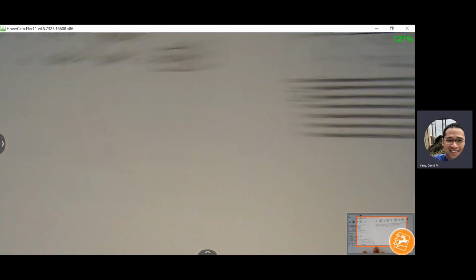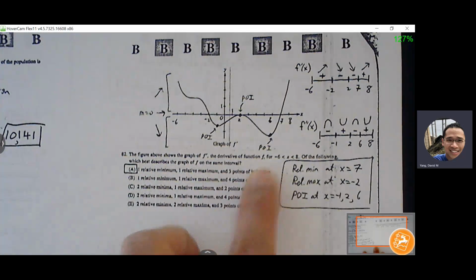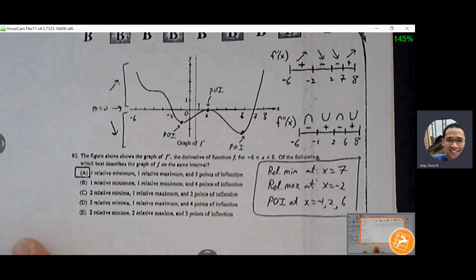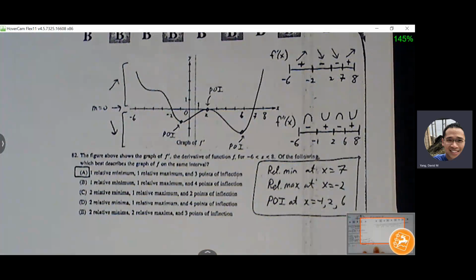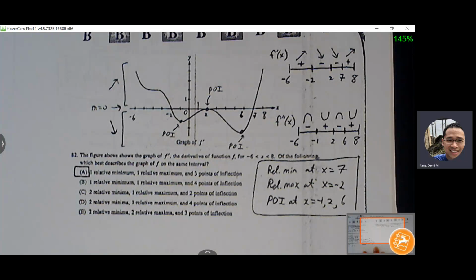Okay, 82. We're looking at a derivative graph, so it's important that we know how to mark up our derivative graph, that we know how to create our derivative sign line, how to create our second derivative sign line. So critical points come from your x-intercepts for your f prime. Above the x-axis is where positive slope occurs. Below the x-axis, negative slope.